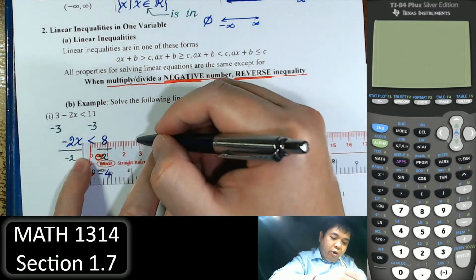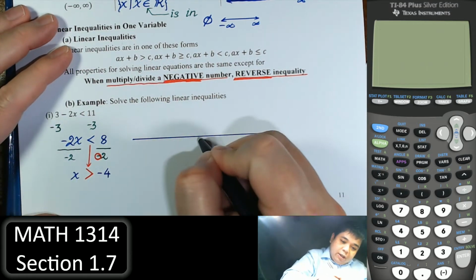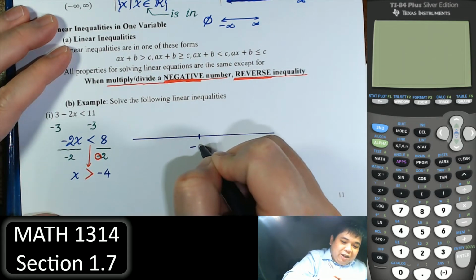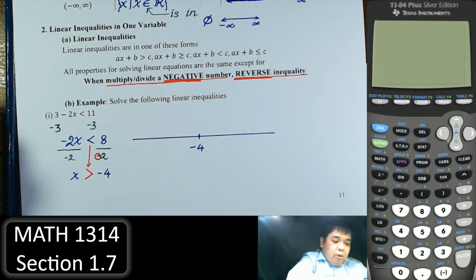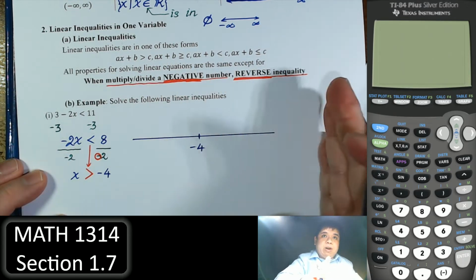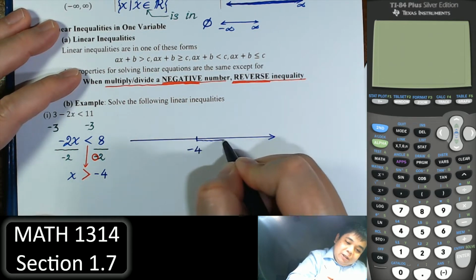So if we're going to draw the solution, because we only need negative 4, right? It is greater than negative 4, so it will be on the right side.